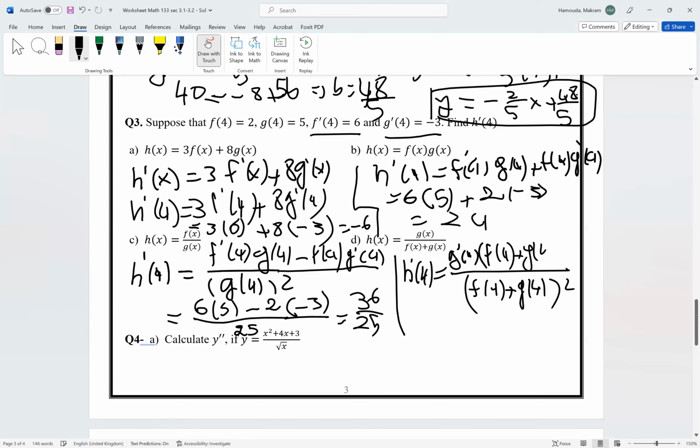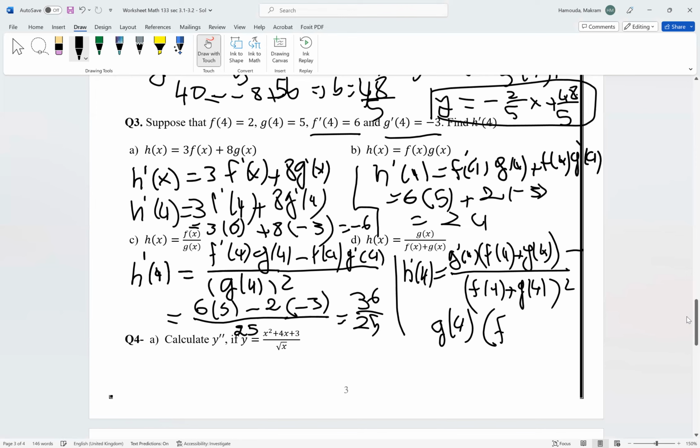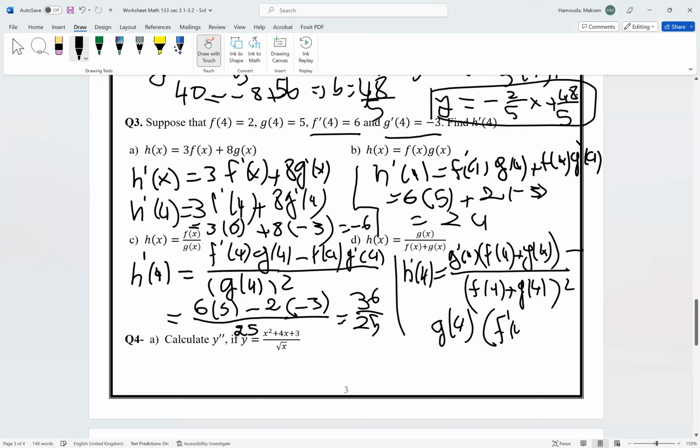The function which is in the denominator. Then there is minus. The one on the numerator, which is g of 4 without derivative, times the derivative of f plus g, but derivative of f plus g, this is f prime plus g prime. So f prime of 4 plus g prime of 4.